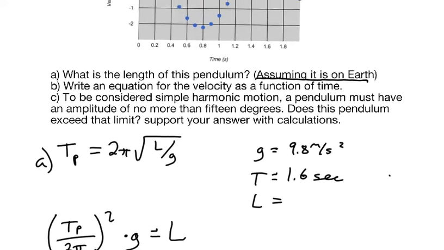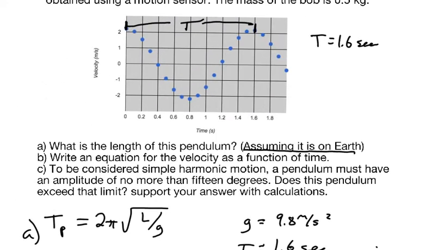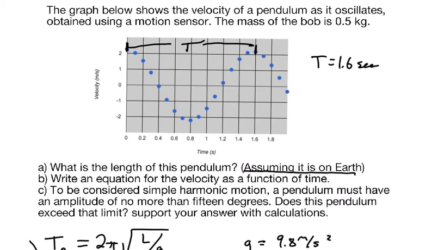Now, part C asks us basically, is this actually simple harmonic motion? We make that small angle approximation for a pendulum to make it work out so the restoring force is proportional to distance from equilibrium. So here we're asking, is that a valid assumption to make for this case?